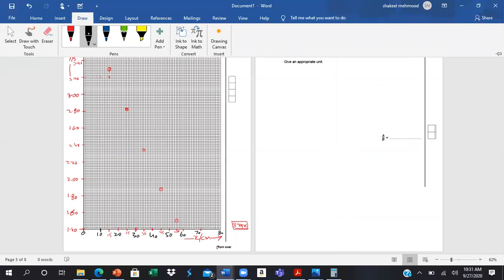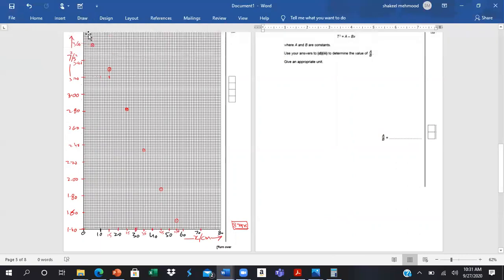Look, for the best fit line, beta, actually the thread method is the best one. You should be using a thread, and you have to stretch the thread along your plotted points, and look for the maximum number of points coming on your line. And then you have to look that if some points are not coming on the line, they should be equally distributed along the line. That line will be considered as the best fit line.